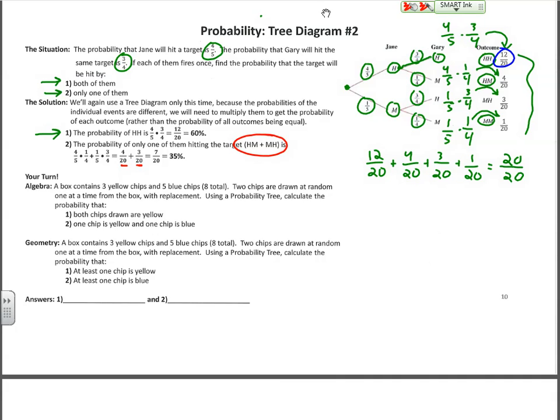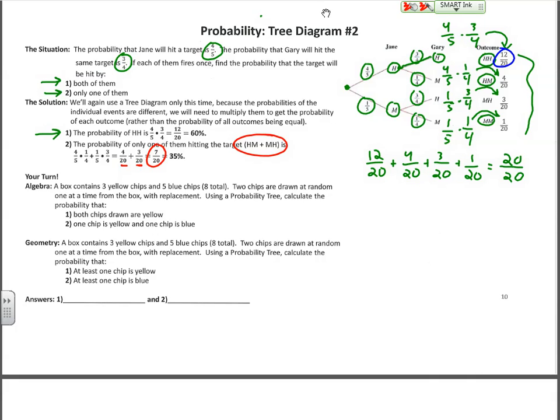We're adding those together to get 7/20ths, right? There are 4 out of 20 ways for them to hit, miss, 3 out of 20 ways or probability for a miss, hit. The sum of those is one of them hitting the target, 7/20ths or 35%.